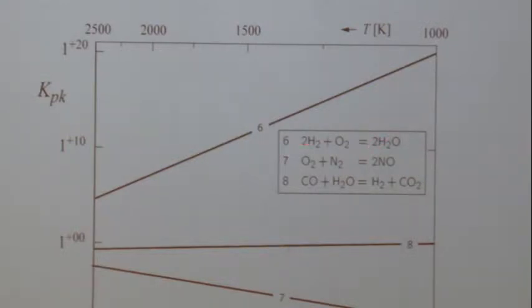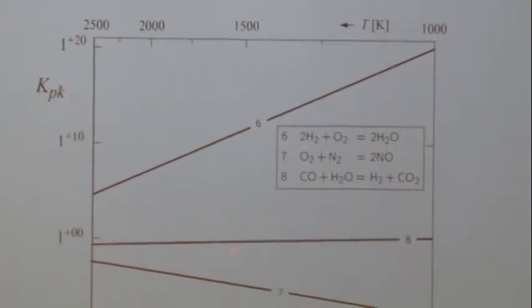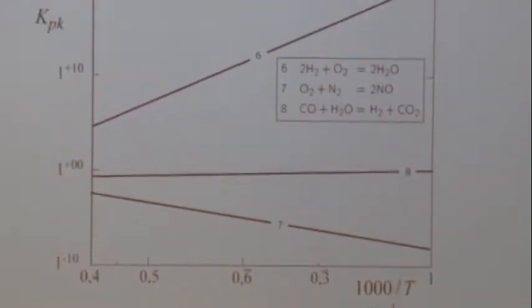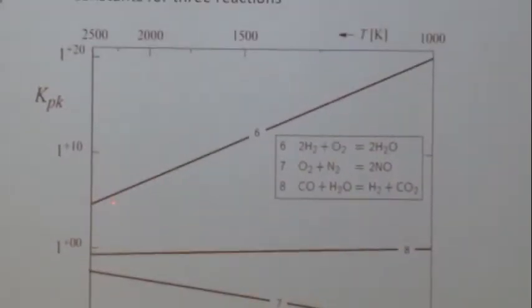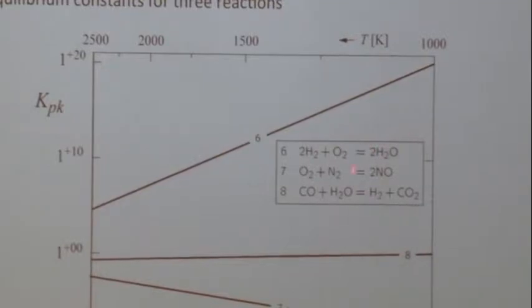But what you see here, for example, equation 6, is that with increasing temperature it goes down. Now look at the scales here. It's 10 to the 20, 10 to the 10, and so on. So this means for higher and higher temperature, I will get fewer products. I will get more reactants.